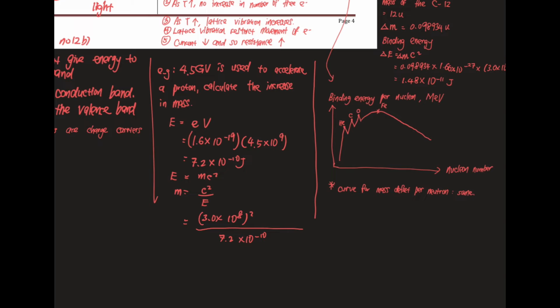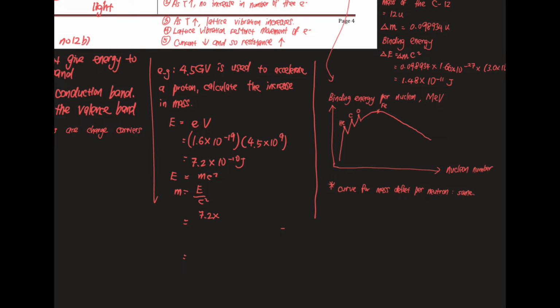Oh no, the other way around. When you rearrange the equation, it is supposed to be m equals E over c squared.